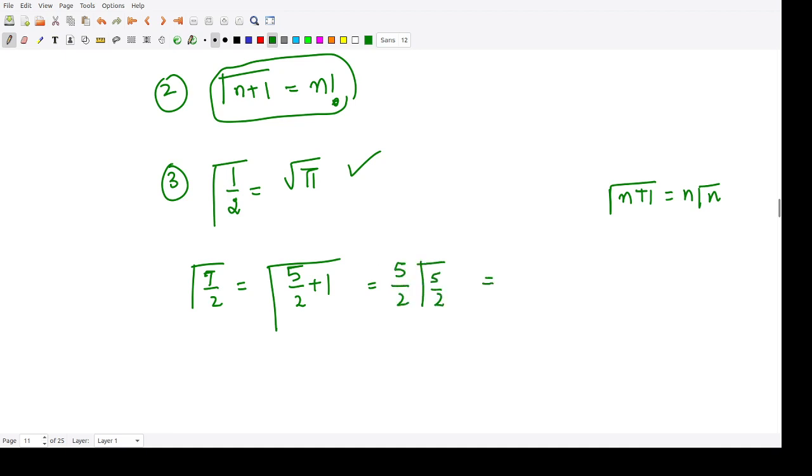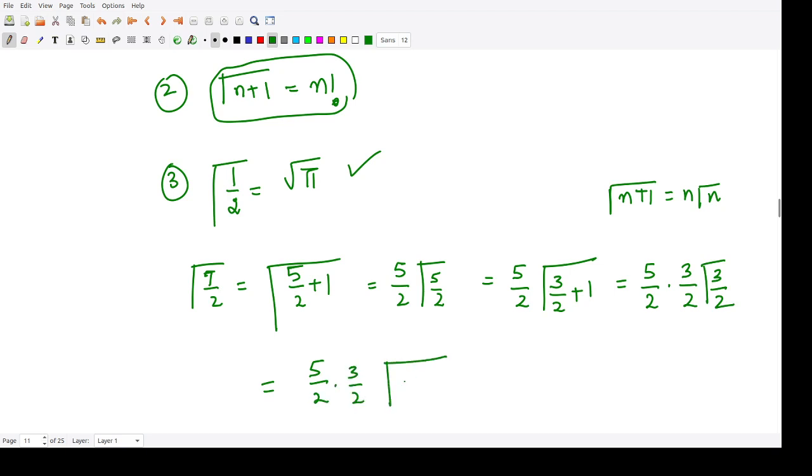Now again you could write 5 by 2 as 3 by 2 plus 1, so this is 5 by 2 into 3 by 2 into gamma of 3 by 2. Then again you can write 3 by 2 as 1 by 2 plus 1, so this becomes 5 by 2 into 3 by 2 into 1 by 2 into gamma of 1 by 2.